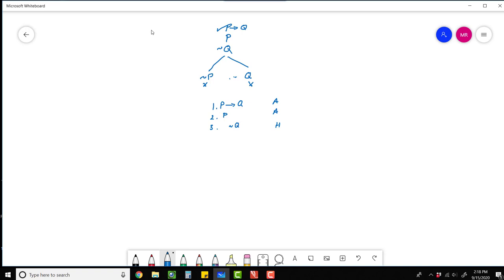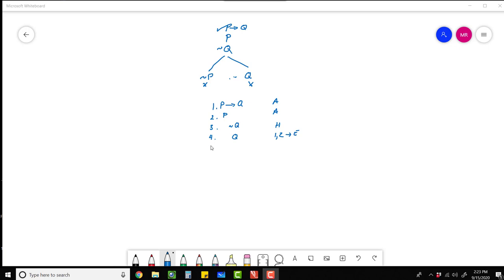And that's very easy because now we just apply conditional elimination to get Q, by 1, 2 conditional elimination. And now we have an explicit contradiction.